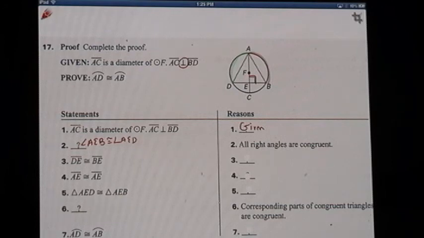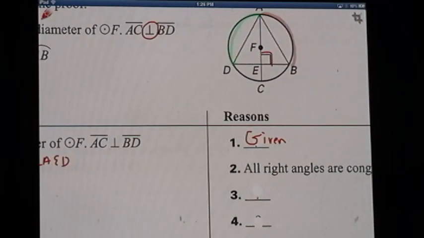DE is congruent to EB. Okay. This is a theorem that says that if the diameter of a circle intersects a chord at a perpendicular, then it bisects both the chord and the arcs. Okay, so I want to kind of look up and see if that has a name.